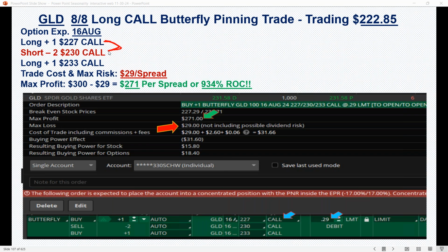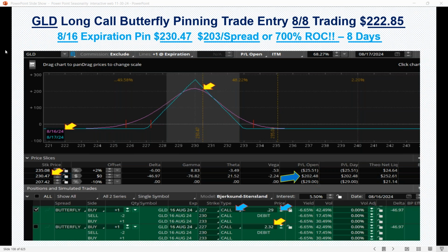So we did 227, 230, 233. This butterfly adjusted cost 29 cents. So our risk was $29 per spread, $3 wide spread, potential to make 271, potential for 934% return. And we ended up making 700% return.